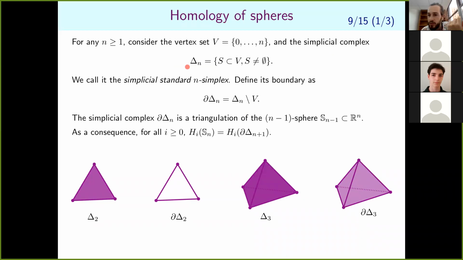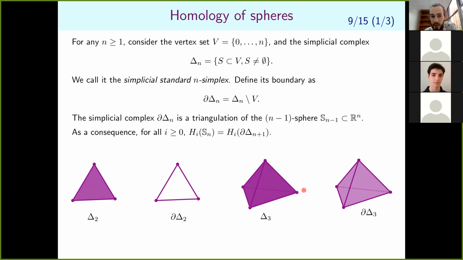And then I can consider the standard simplicial n-simplex. This is a simplicial complex whose simplices are all the subsets of B. Okay. So for instance, delta 2, I have 3 vertices, and it has all the simplices you can define on it, all the edges and the triangle inside.